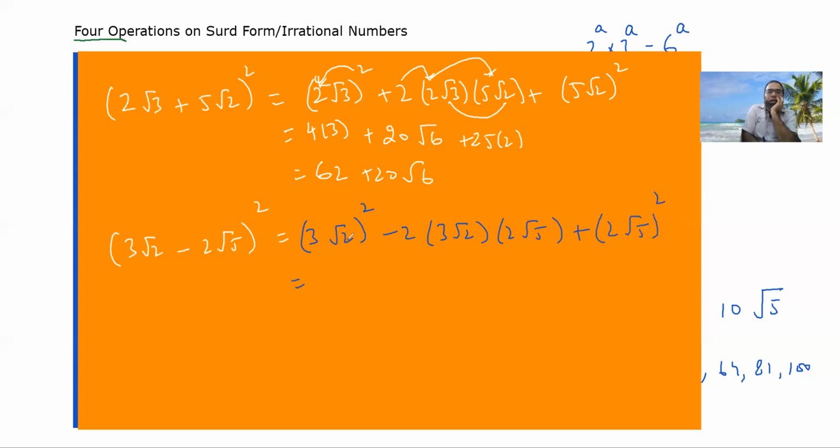So now this is 9 into 2, 18. Then 6 twos are 12 under root 10. And then you have plus 4 fives are 20. So this is going to be 38 minus 12 under root 10.